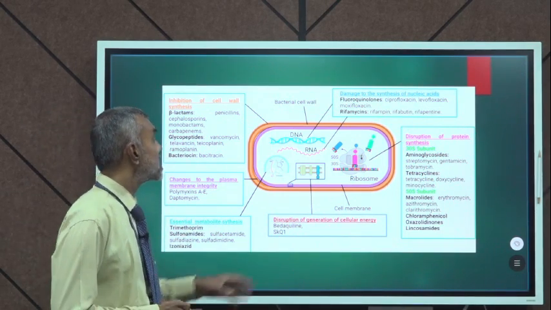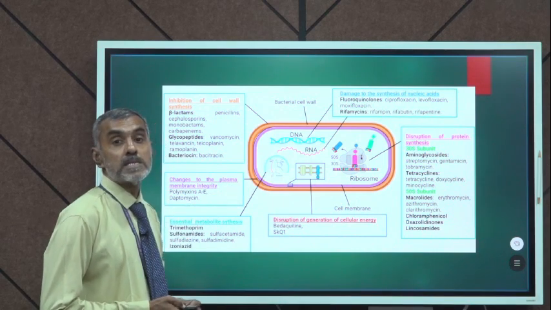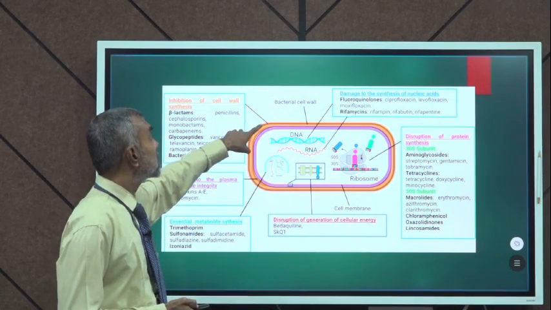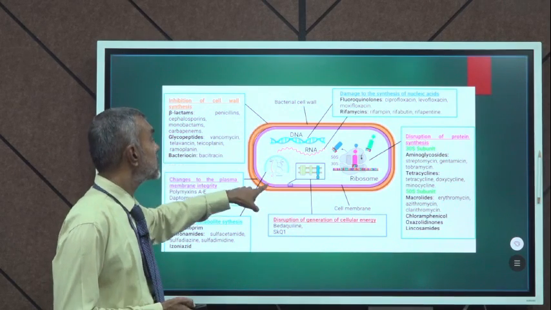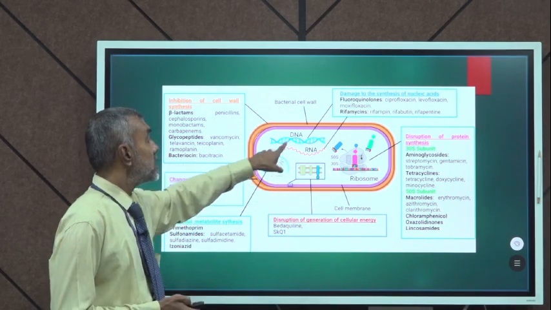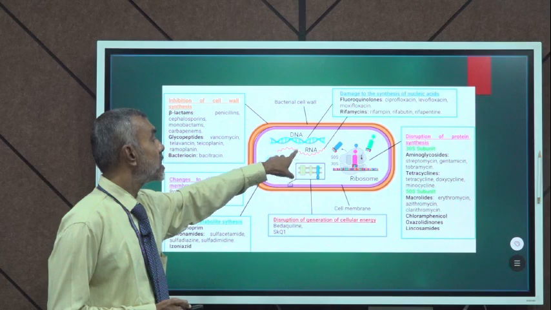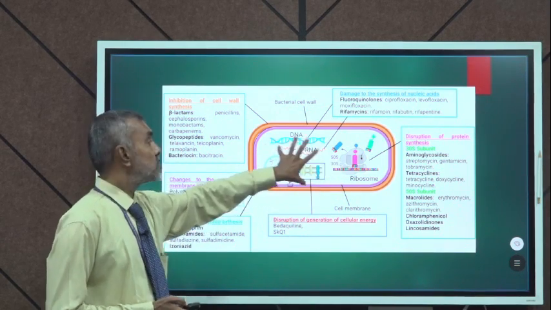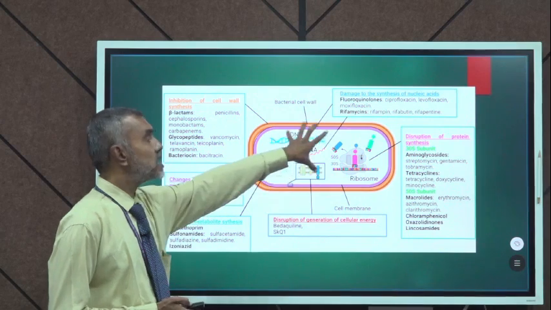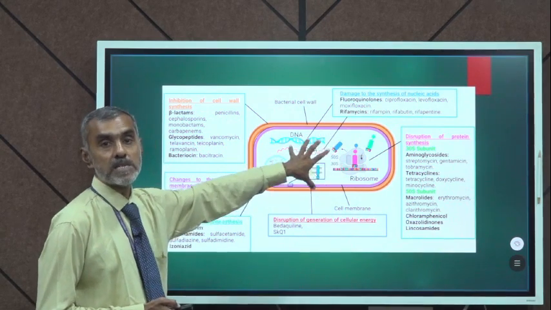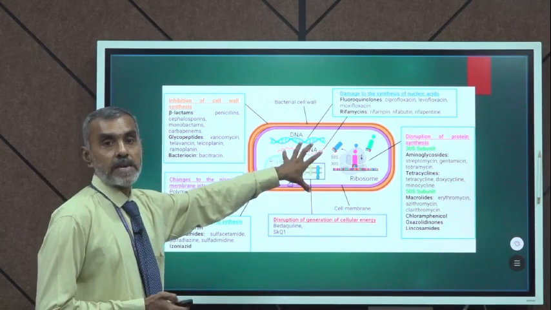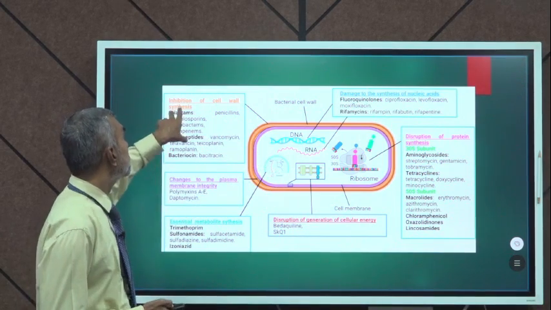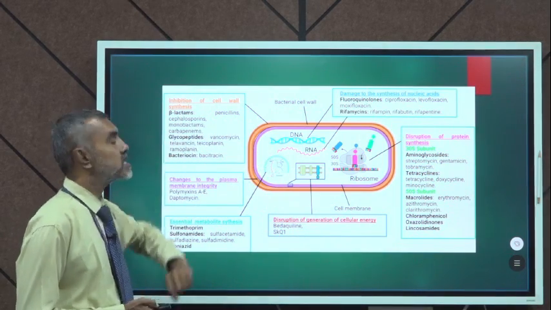Coming to this picture, this is the mode of action. This is the cell wall of the bacteria, this is the cytoplasmic membrane, this is DNA and RNA nucleic acid, and this is protein synthesis. These 4 major components will be inhibited by the antibiotics. The first one we are going to discuss is inhibition of cell wall synthesis.